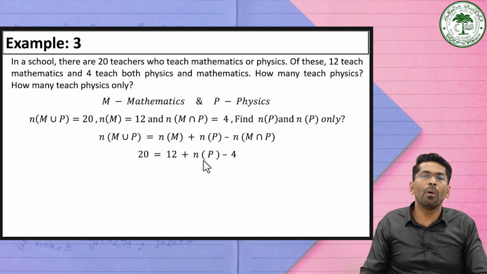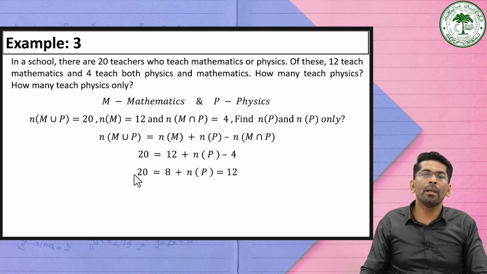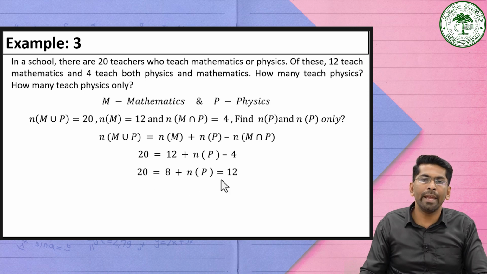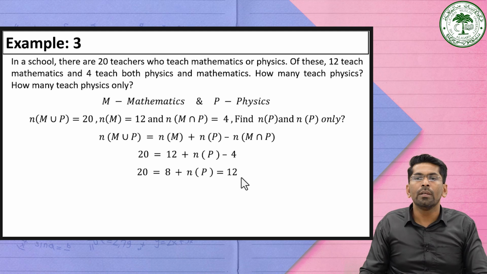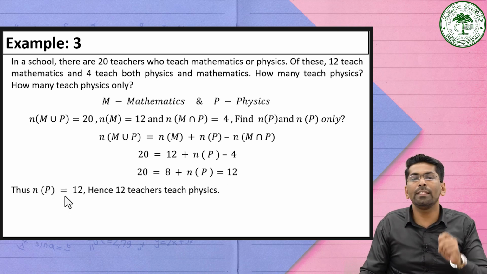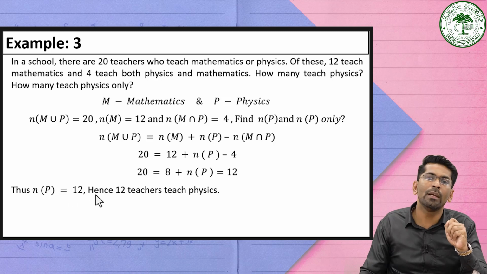If you solve it by isolating the number of elements in P, it becomes 20 minus 12 minus 4, which is equal to 8. So the number of elements in P is equal to 20 minus 8, which is equal to 12. Hence the number of teachers who teach physics is 12, that is, 12 teachers are teaching physics. So the first question is solved here.